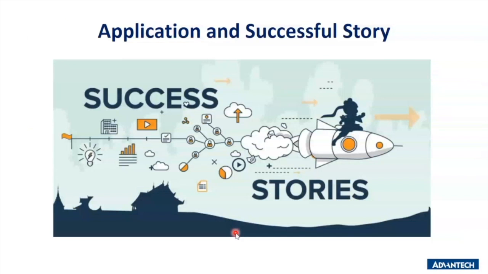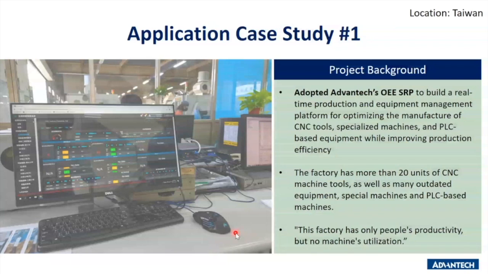So with the introduction of our OEE SRP just now, next I would like to share with you about our application and success story. This application is actually located in Taiwan.